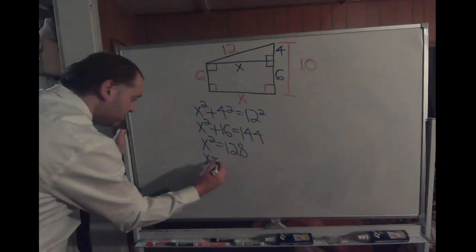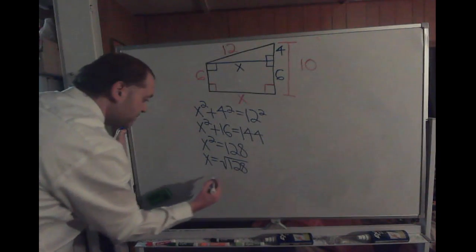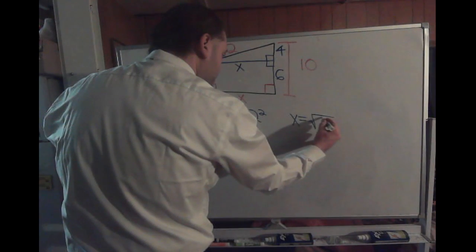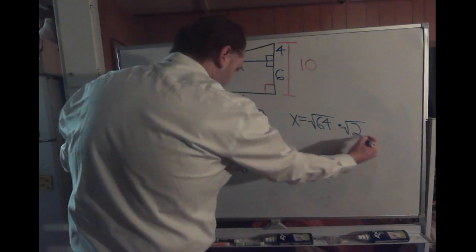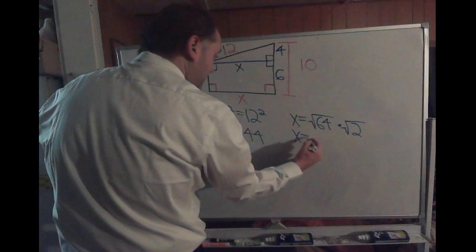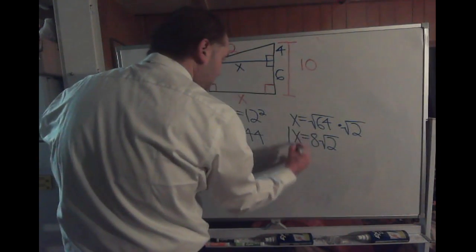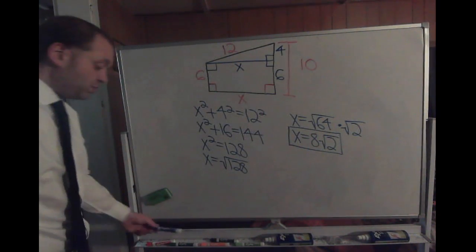So x equals the square root of 128 and only the positive square root of it, which then means that x would be equal to the square root of 64 times the square root of 2, which then has to mean that x would equal 8 times the square root of 2. So the length of x would be equal to 8 times the square root of 2.